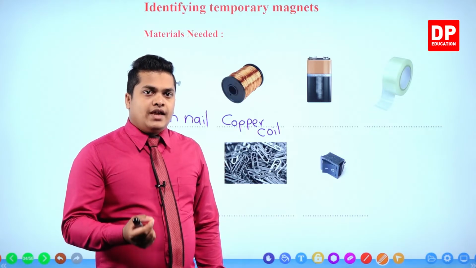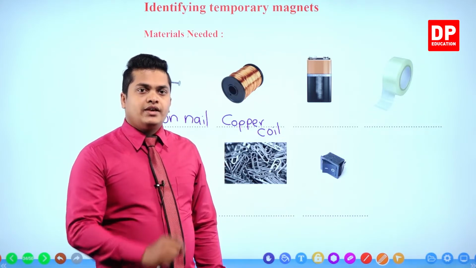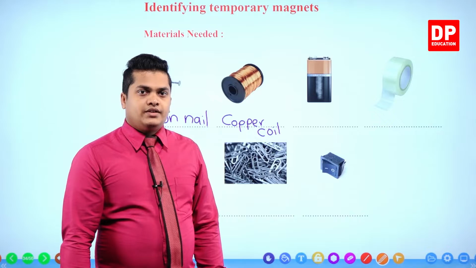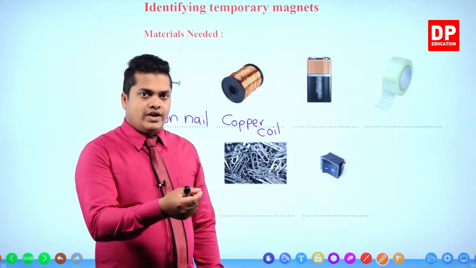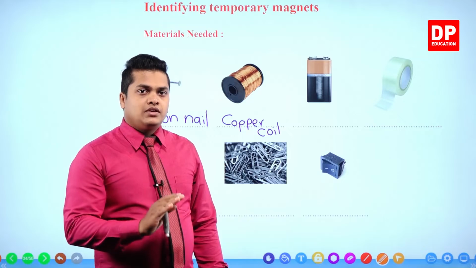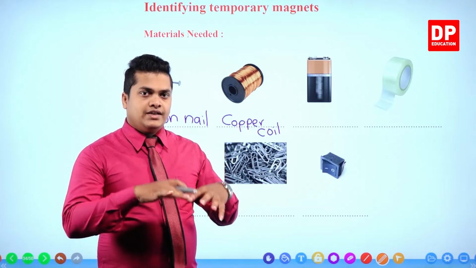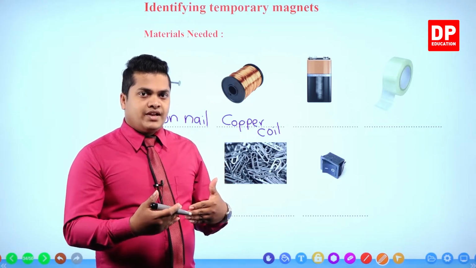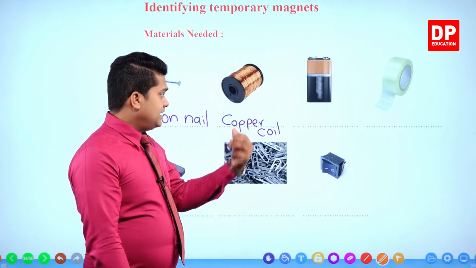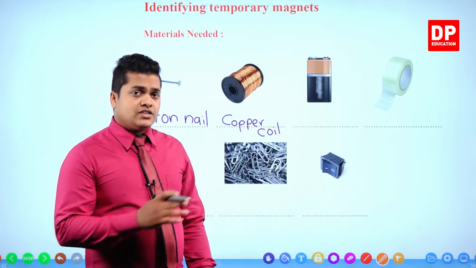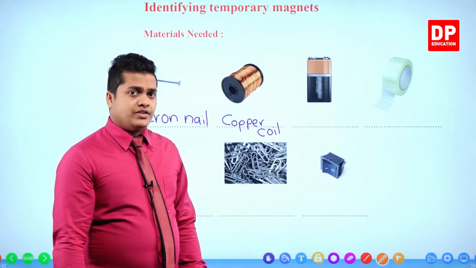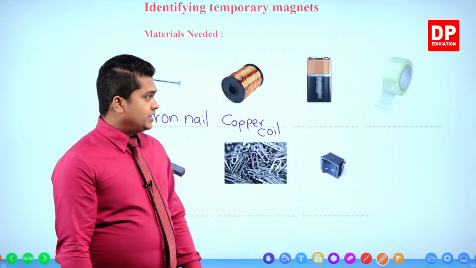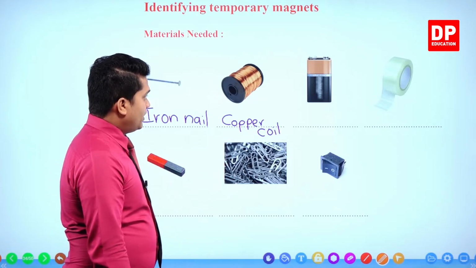That covering helps to insulate the copper wire, so we can touch those wires without being electrically shocked. In the same way, these copper coils also have an insulated covering around them. So we need a copper coil.